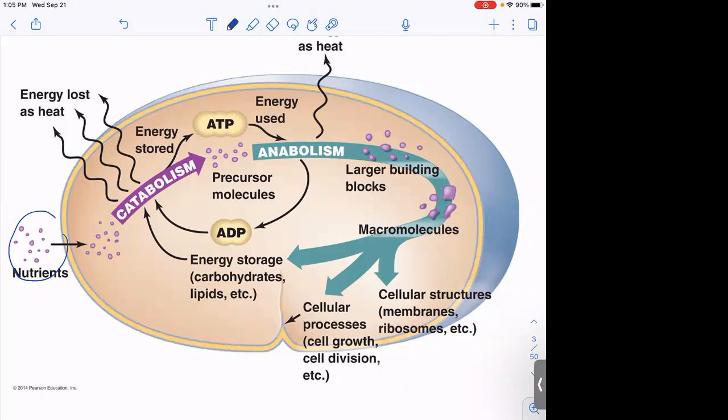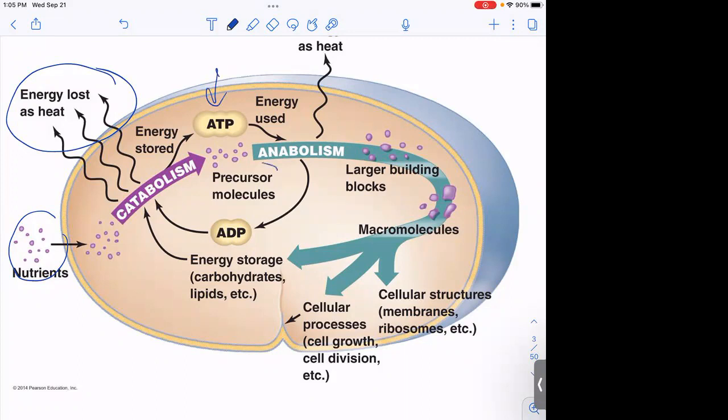But any catabolic reaction is not going to be perfectly efficient. You're going to lose a little bit of energy, and that's typically lost as heat. Organisms have reactions that are more efficient than, say, a car engine, but they're still not perfect. So we lose some energy as heat. So we gain ATP energy from catabolic reactions.